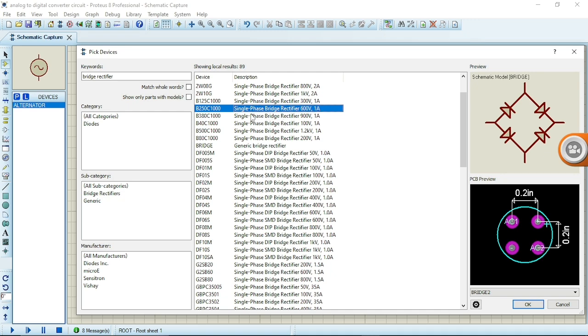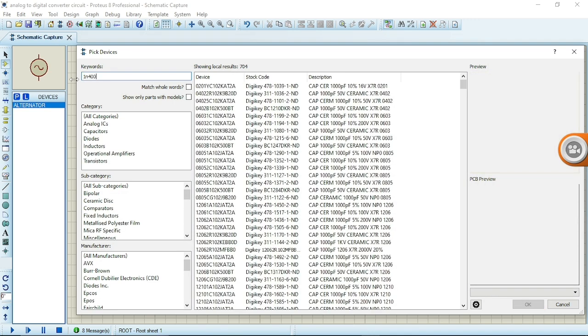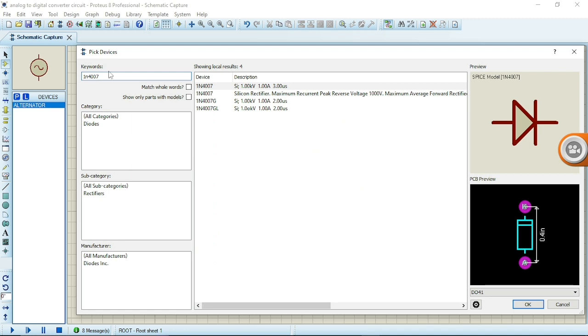I will use 1N4007, 4 of it to make my bridge rectifier. 1N4007. Okay, we have 1 kV, which means 1000 volts, and 1 amp current. This is perfect for what I want.